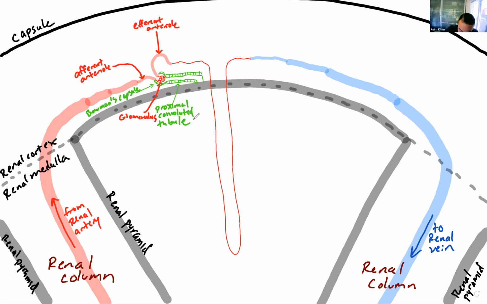We reabsorb things. Sorry, let me draw filtration. Filtration happened here. That was step one. Filtration.